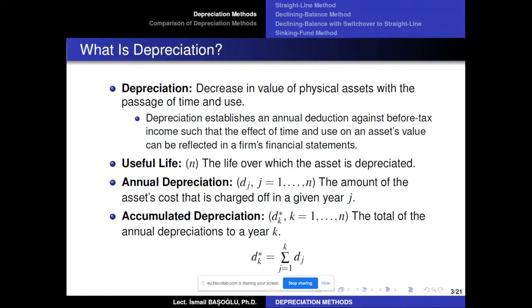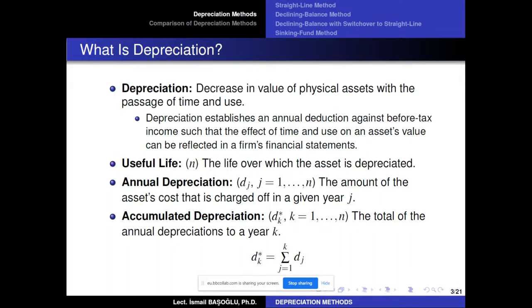Now, if you are paying for a machine that you are going to use for 10 years, that cost of that machine must be distributed over 10 years. We should not write down that cost in a single year. Instead, we need to distribute that cost as a depreciation amount to all of the years.